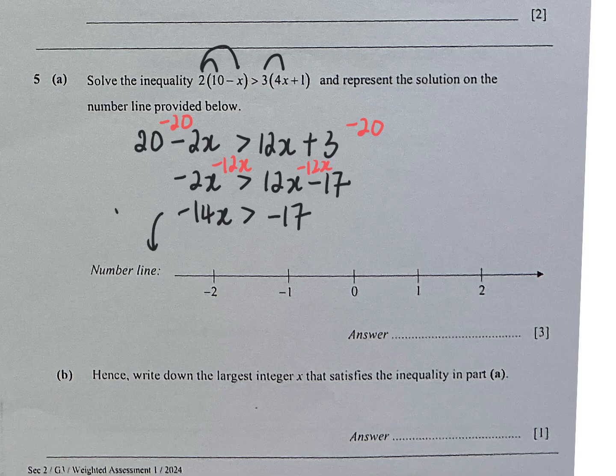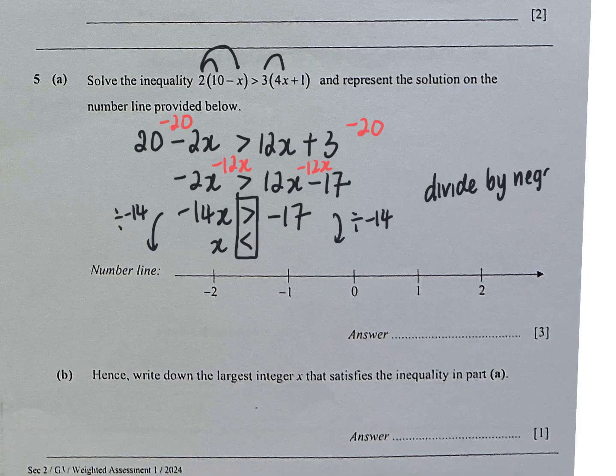You are dividing by negative 14 on both sides. So when you divide by a negative number, flip the sign. So you all forgot to flip the sign when divide by negative.